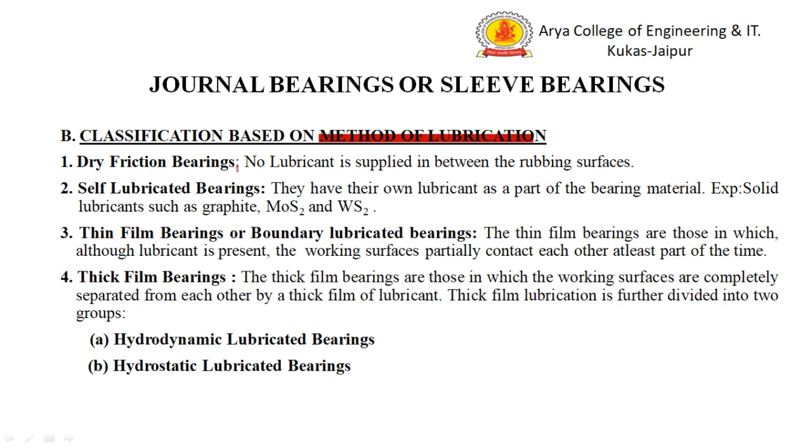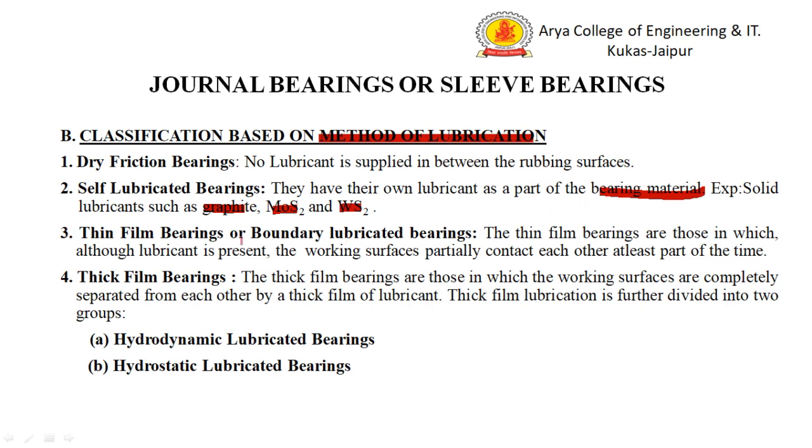In a dry friction bearing, no lubricant is used between the two surfaces. In self-lubricated bearings, solid lubricants such as graphite, molybdenum disulfide and tungsten disulfide are used as a part of the bearing material.